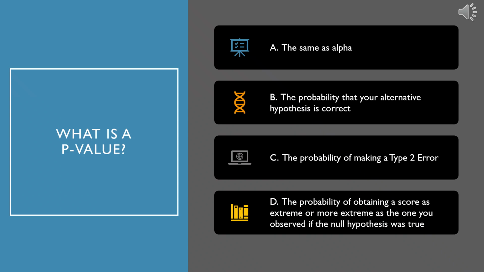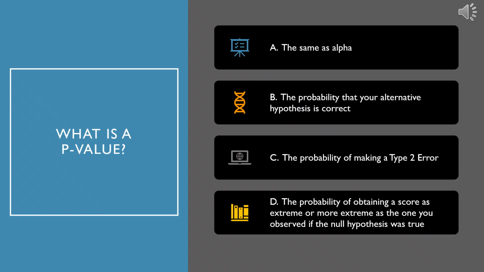The probability, the p-value, is, well, how likely is it that I would see the score that we found, whether that's a t-value or a z-score or whatever, if the null were actually true? If the p-value is very small, and how small would you say?